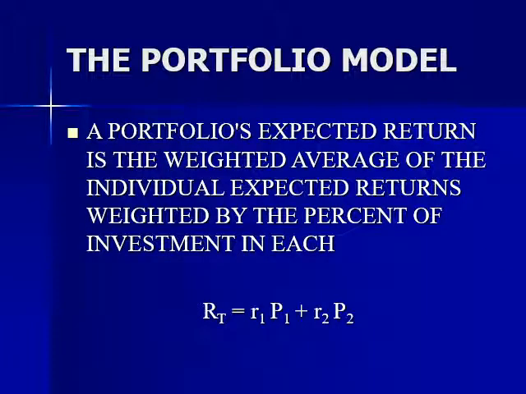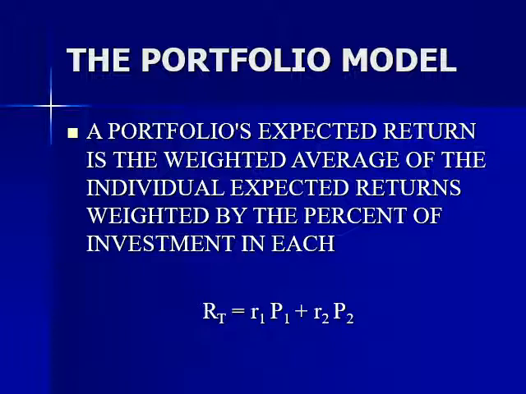Now, with the portfolio model, we want to look at 2 things. One is the expected return, and the other is the variability of returns. The portfolio's expected return is nothing more than the weighted average of the expected returns of the individual components of that portfolio, weighted by the percent that each component makes up of that portfolio.